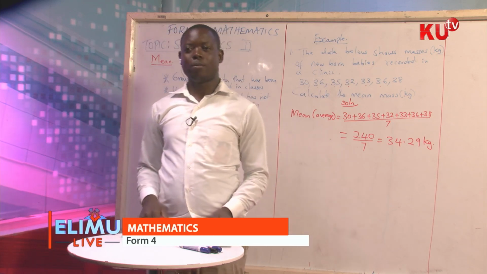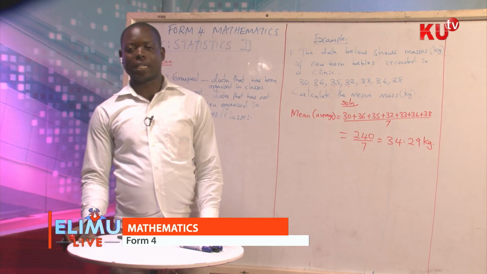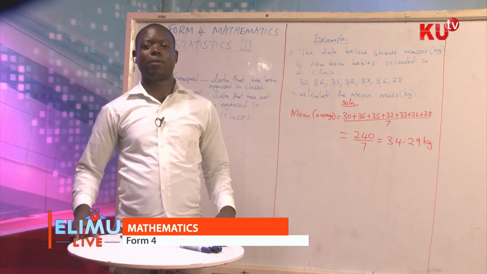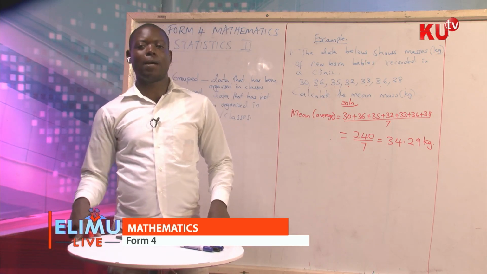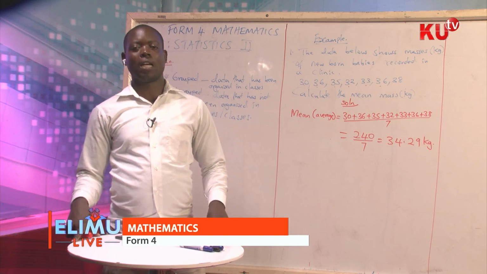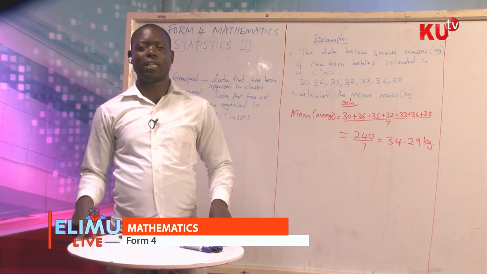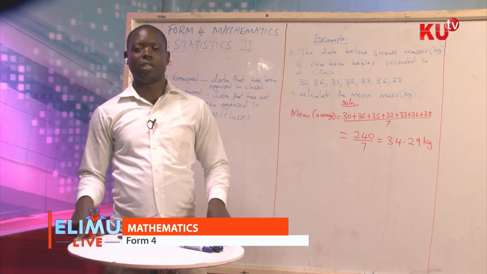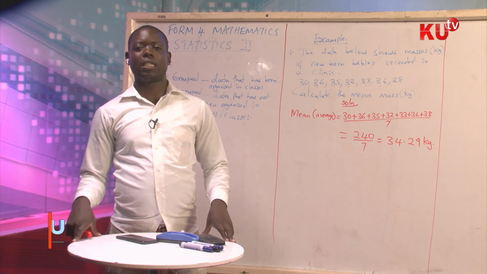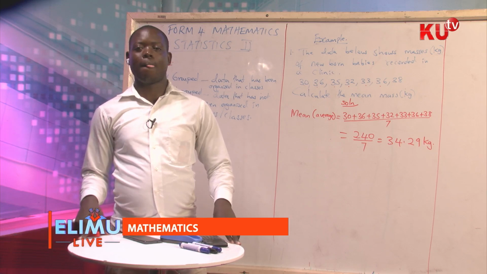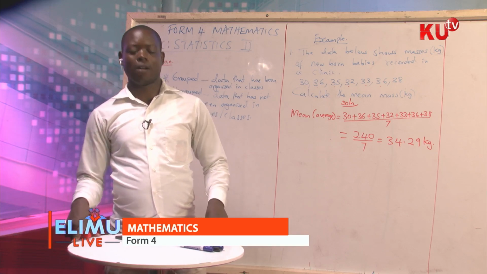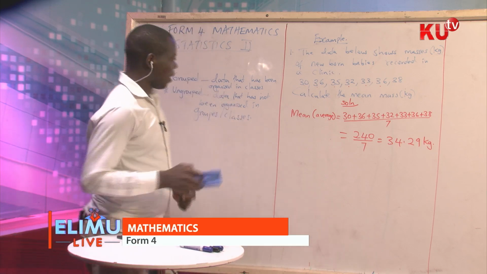So we shall have obtained our mean mass. And remember, if the question is to obtain the mean mass and the masses have been given in kilograms, then we expect you to give us the answer with the right units. And the right units in this case are what, students? Yes, they are kilograms. Good.